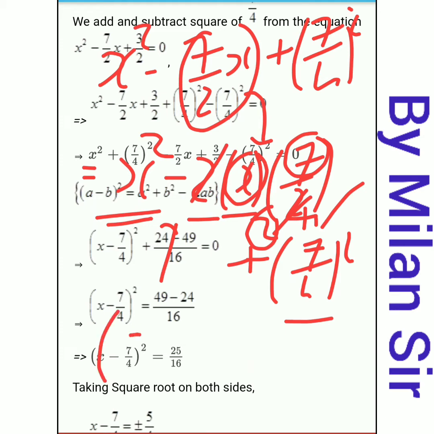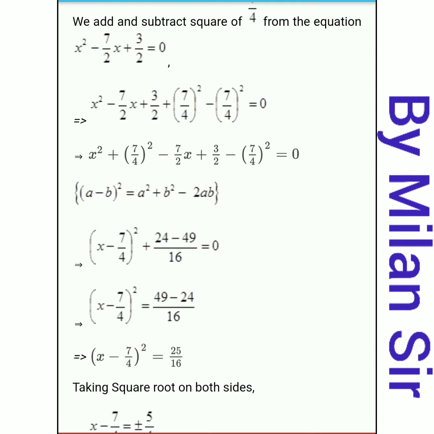So our a is equal to x, that's why I wrote x in the bracket, negative sign, that means we need to put the middle term sign, and our last term is 7 by 4, so (x minus 7 by 4) all square. So in place of these 3 terms we can write like this, (x minus 7 by 4) all square, and in these 2 terms we need to do simplification.